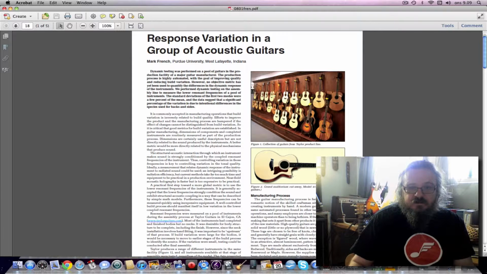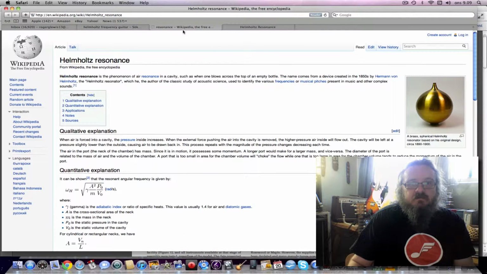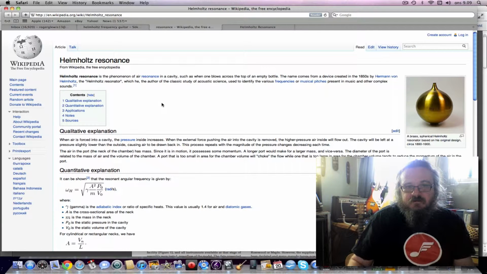Now, just a quick note on Helmholtz. I've got a couple of articles here just to refer you to. Wikipedia on resonance explains how gas, usually air, acts in a cavity.